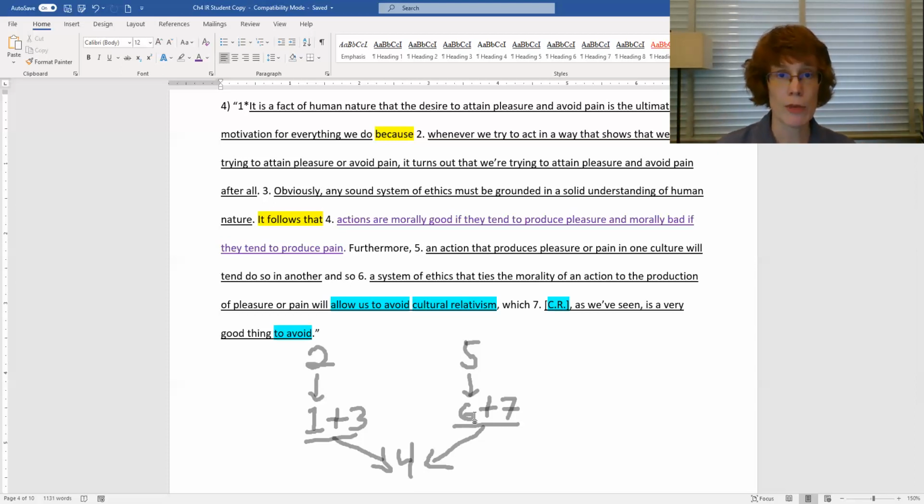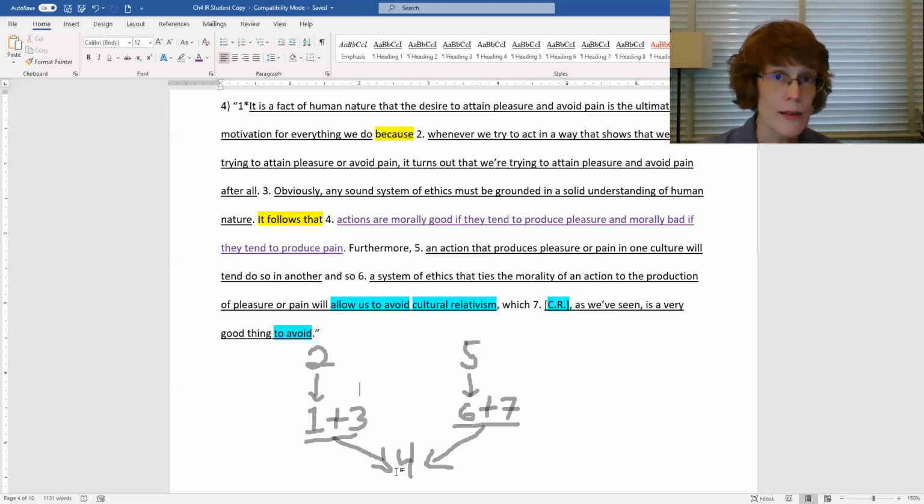So it should be grounded in what humans are like. And if we are like this, that should lead us to think that an action is good if it tends to maximize pleasure, and bad if it tends to do the otherwise, and it's also good if it tends to minimize pain, tying the ethical value of an action to pleasure and pain.